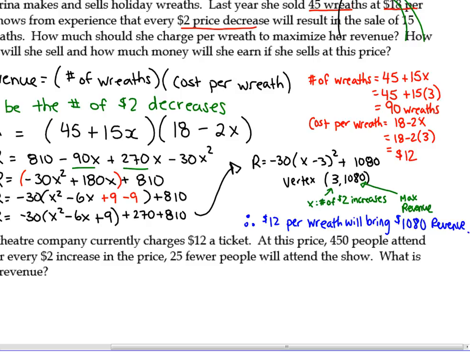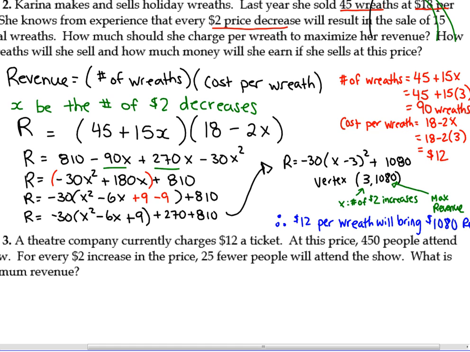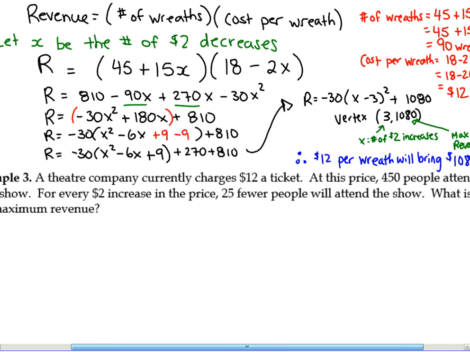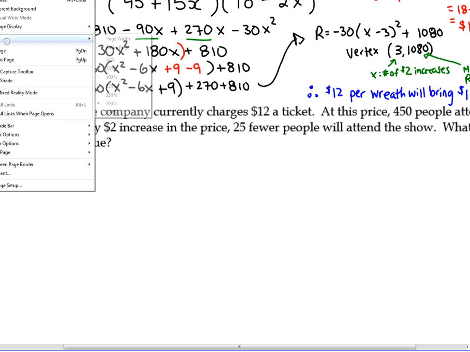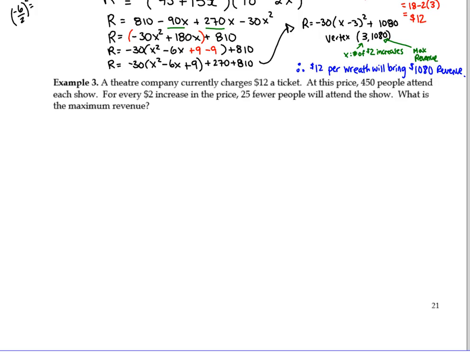The X is going to be always like in the next question. Let's just quickly look at the next question and we can finish it tomorrow. A theater company currently charges $12 a ticket. At this price, 450 will attend each show. For every $2 increase, 25 fewer people will attend. So what's your X going to be?